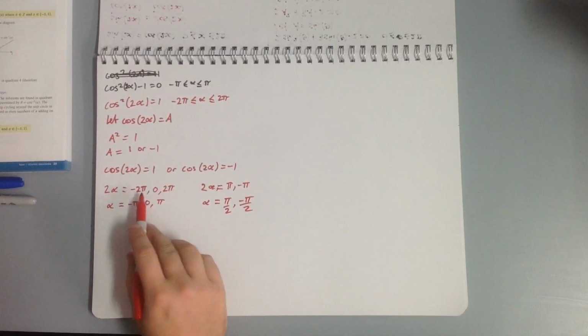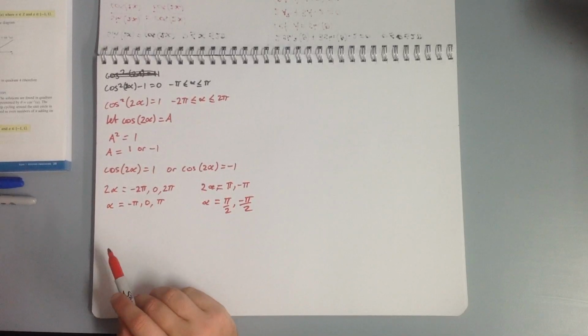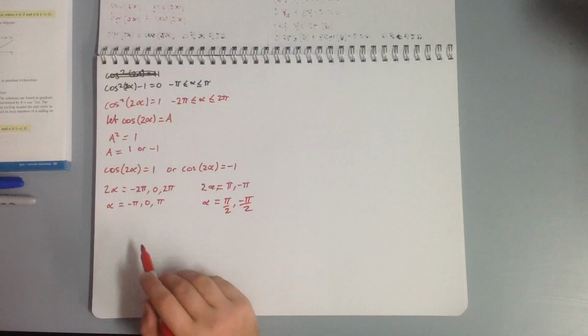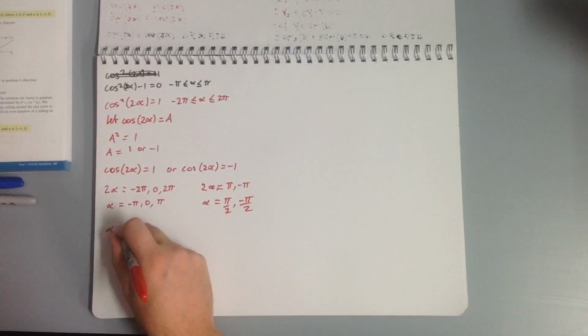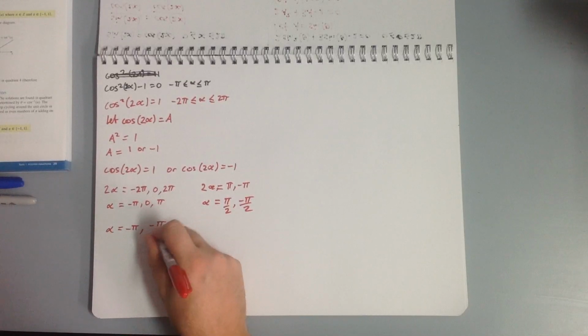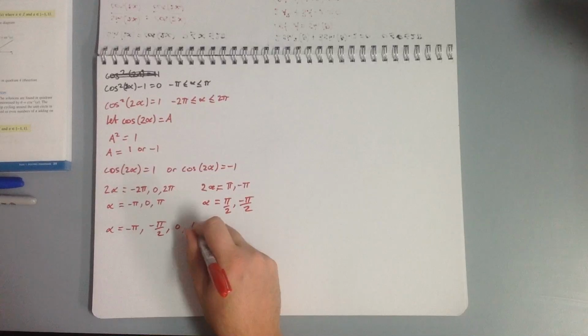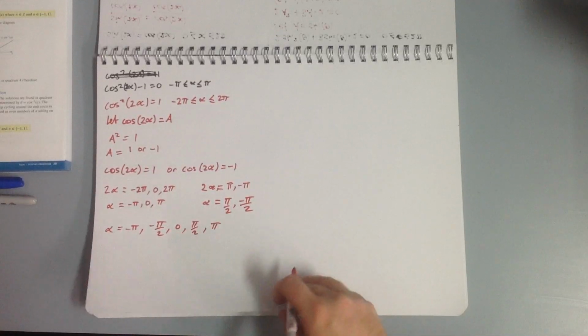So we had some of these ones where we equaled 1. If you look back at the exact value table, they give us our whole numbers of pi. So all up then, alpha can equal negative pi on 2, 0, pi on 2, and pi. Okay, so we're getting there.